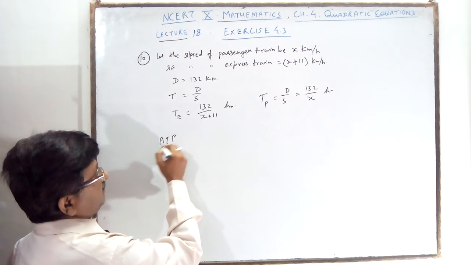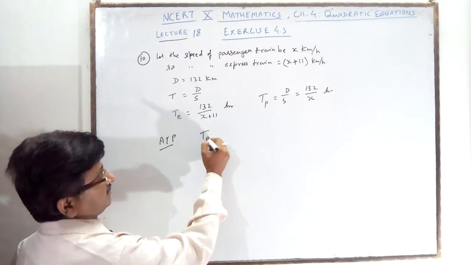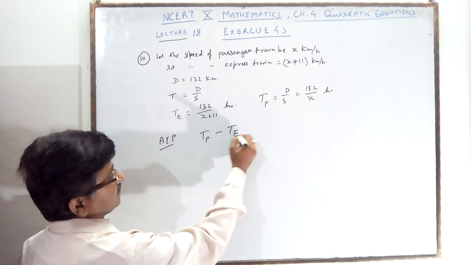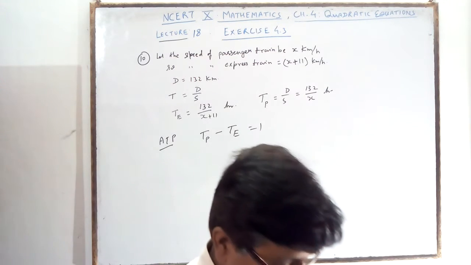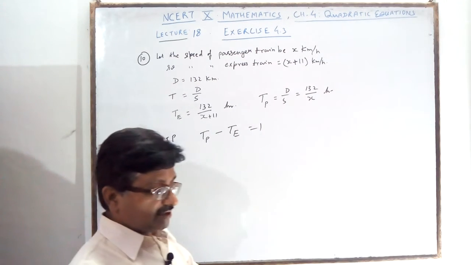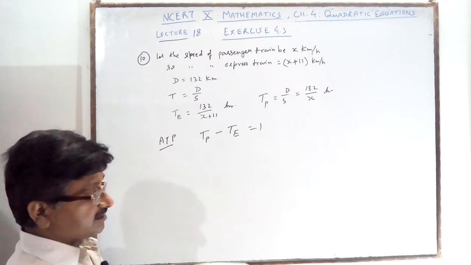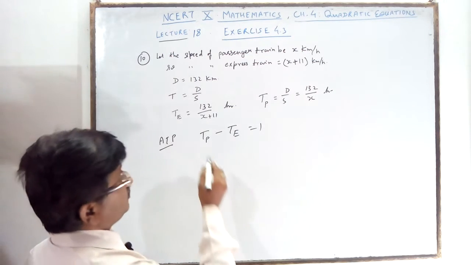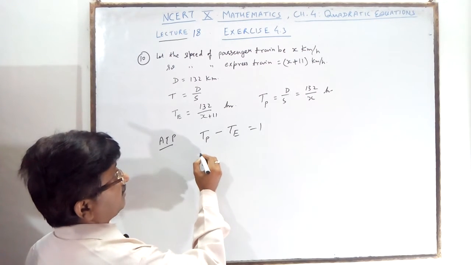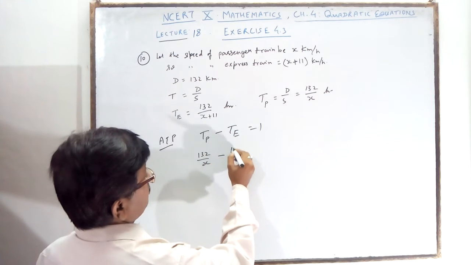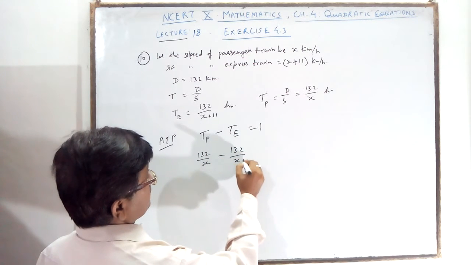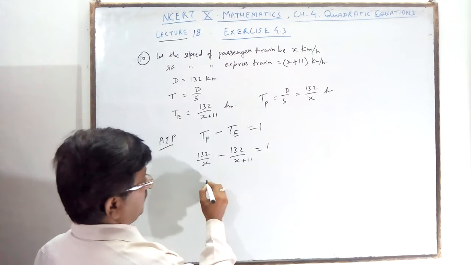According to the problem, the times of the passenger train and the express train differ by 1 hour. So you put the values here: 132 upon x minus 132 upon x plus 11 is equal to 1.